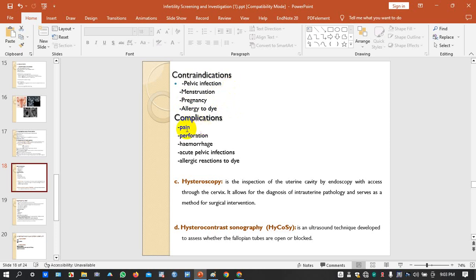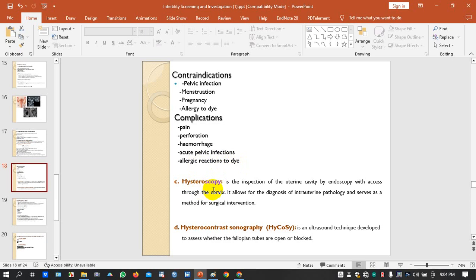HSG can lead to complications such as pain, perforation, hemorrhage. Hemorrhage means rupture of blood vessels leading to internal bleeding. The HSG procedure can also expose the woman to acute pelvic infections, not the chronic ones. They can also lead the woman to allergic reaction because some of the women react to the dye.